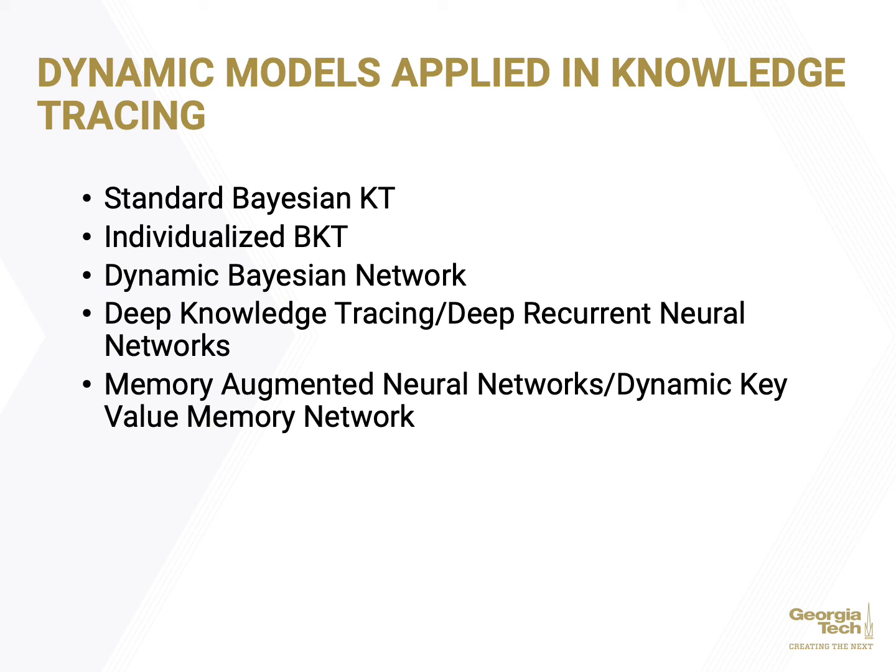Dynamic key value memory network traces the knowledge of the student by reading and writing to the value matrix using the correlation weight, which is computed by taking the softmax activation of the inner product of the input exercise and the key matrix.